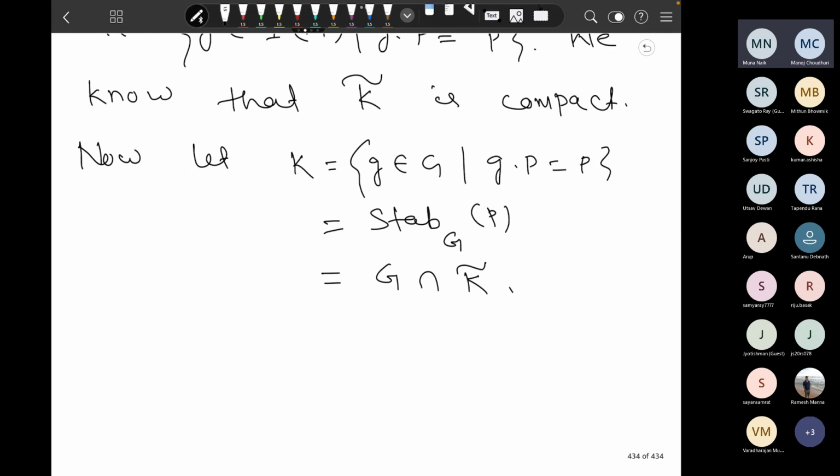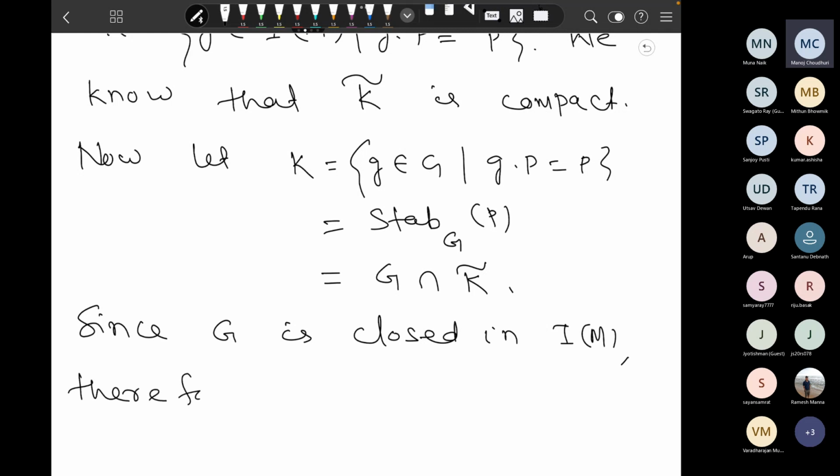Now since G is closed in I(M), this K, which is G intersection K tilde, is closed in K tilde.